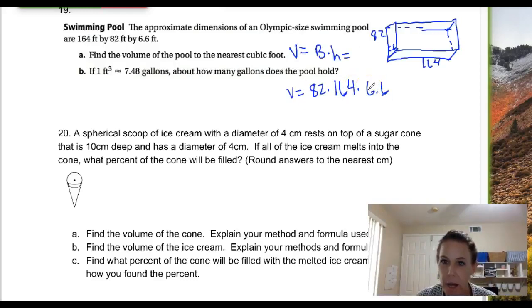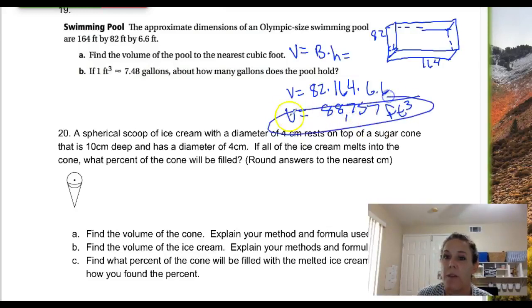And the volume is going to be approximately 88756.8. So I'm going to round this up to 88,757 cubic feet. There's your volume, so that's part A.